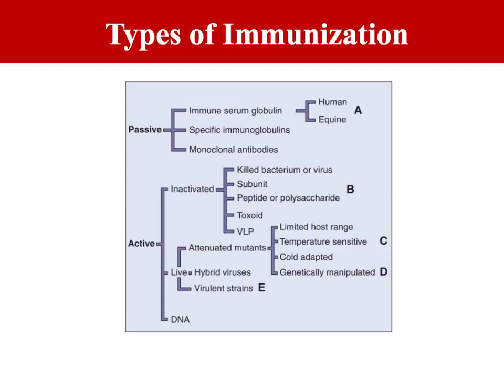There are also a couple of polysaccharide vaccines we've actually talked very briefly about already. One of them was the strep pneumo vaccine. Polysaccharide vaccines are usually limited to capsular antigens.